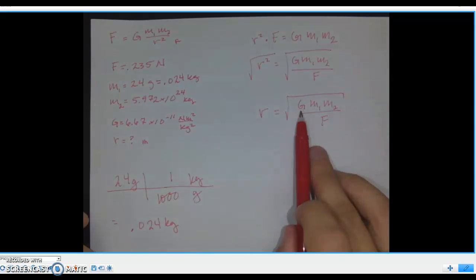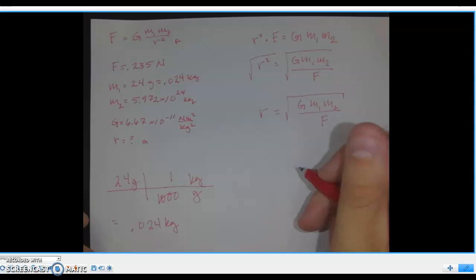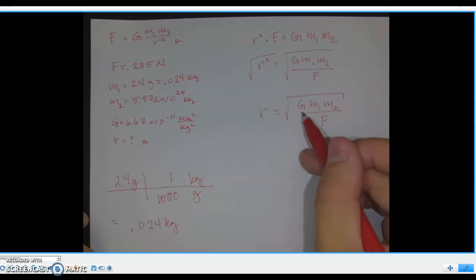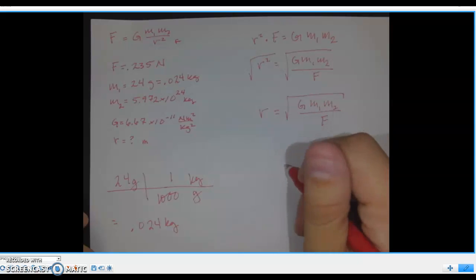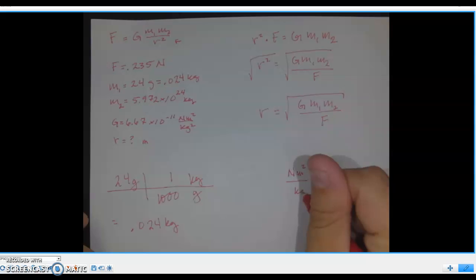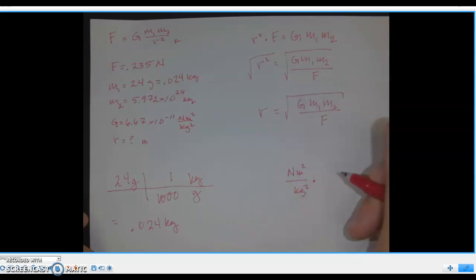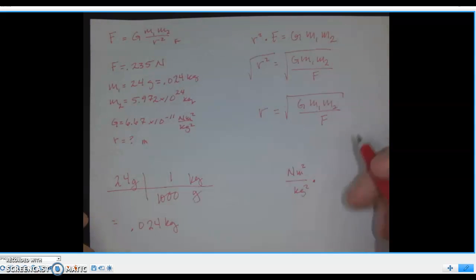Okay, G is a Newton meter squared per kilogram squared. Let's just focus on the top of the fraction first. So I'm going to have a Newton meter squared per kilogram squared. And then I'm going to be multiplying that by mass, which is kilograms, and then mass, which is kilograms.